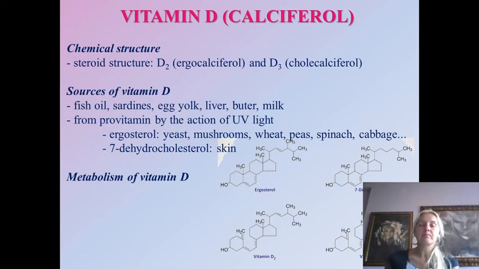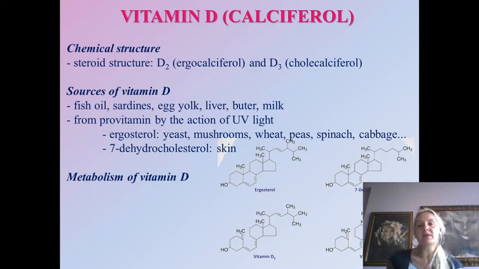But this kind of biosynthetic pathway of vitamin D from 7-dehydrocholesterol is not the pathway which actually occurs in significant intensity. So we have to take vitamin D through dietary sources anyway.